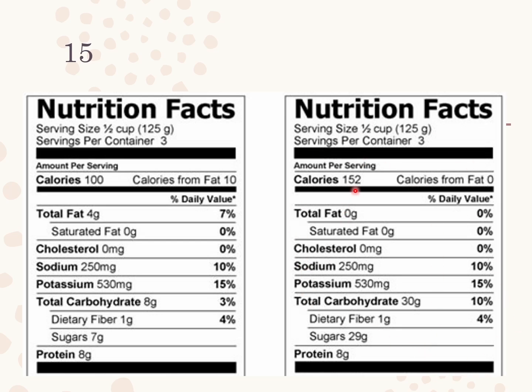And notice that it's actually 50 calories more than what your regular version was. Okay, so you've actually got more calories here. We're consuming 0 grams of fat, but now instead of 8 grams of carbohydrates, I'm consuming 30 grams of carbohydrates. So again, basically all we did was we took out the fat and we put sugar in its place. Protein stays equivalent.